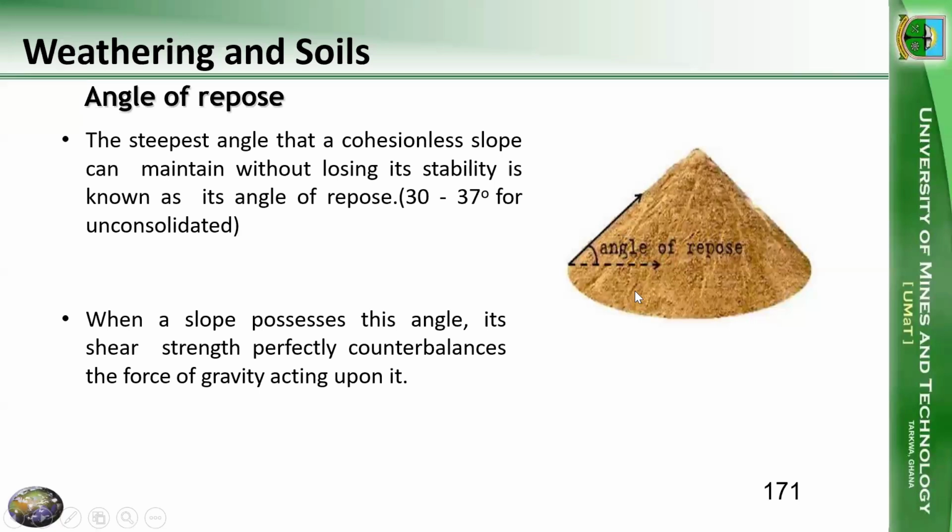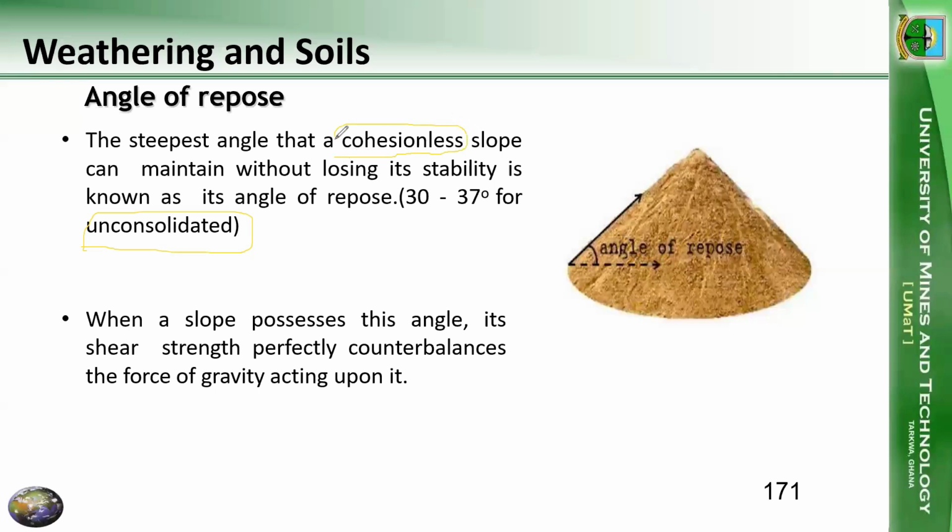But if you go and cut it or you change this angle, you do something to it, then it will fail. When we say unconsolidated, it means that the particles are not bound together. There's no binding between the particles. That is what we mean by the term unconsolidated, not bound together.